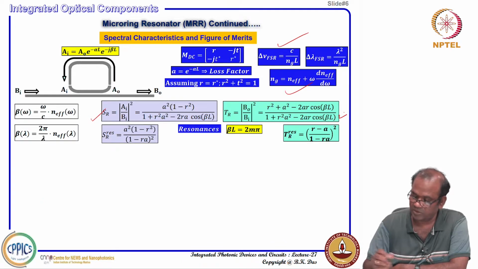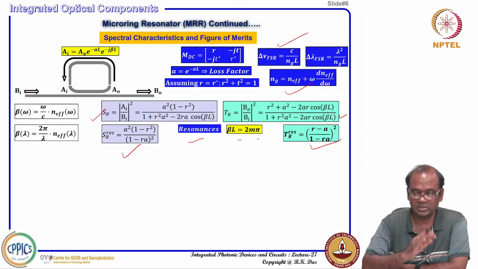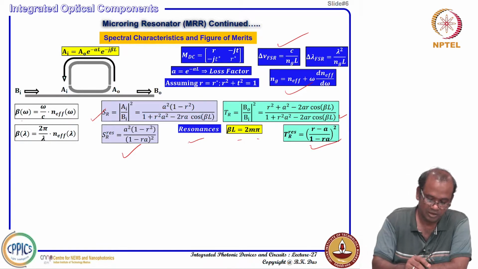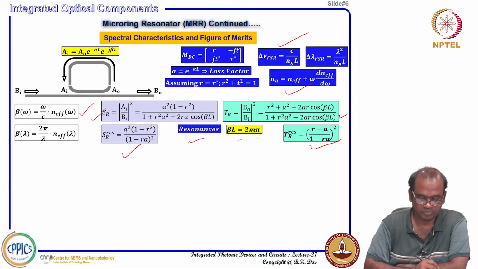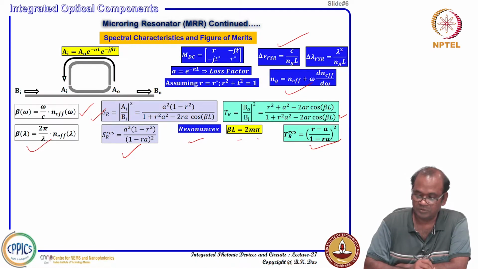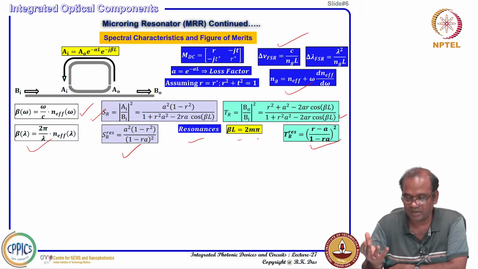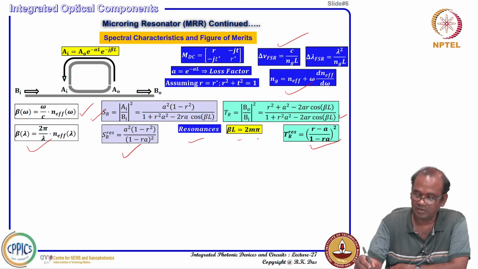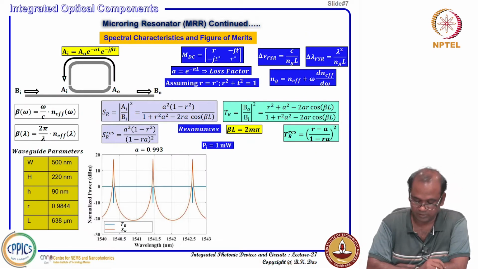This is the power transfer function, with maximum power storage at resonance beta L equal to 2 m pi, repeated here, along with the beta omega and beta lambda relationships. All these we will need to discuss the overall spectral characteristics and the figures of merit of a microring resonator. All right.